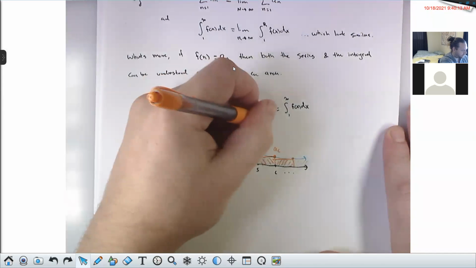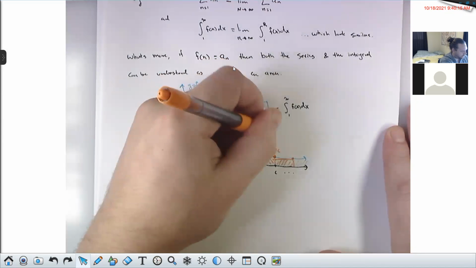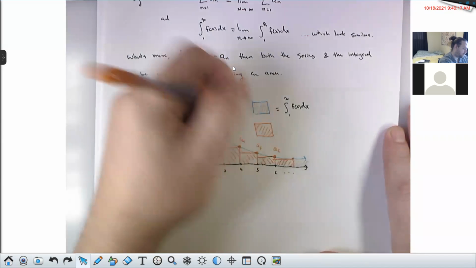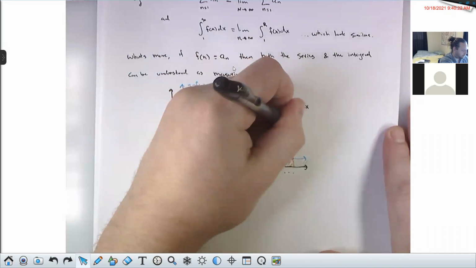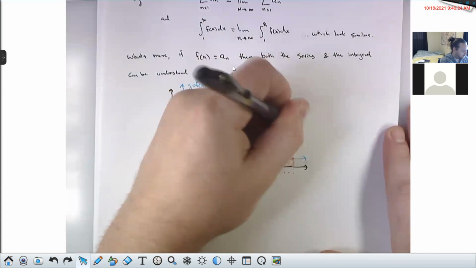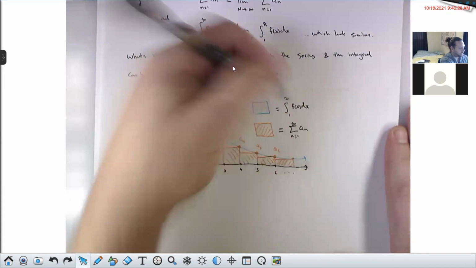All of the orange area, that's the sum, sigma n from 1 to infinity of a_n.